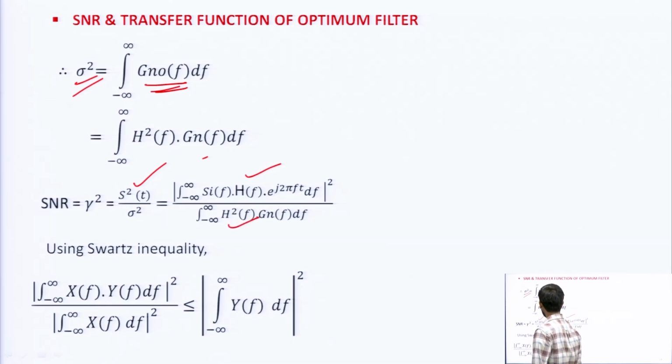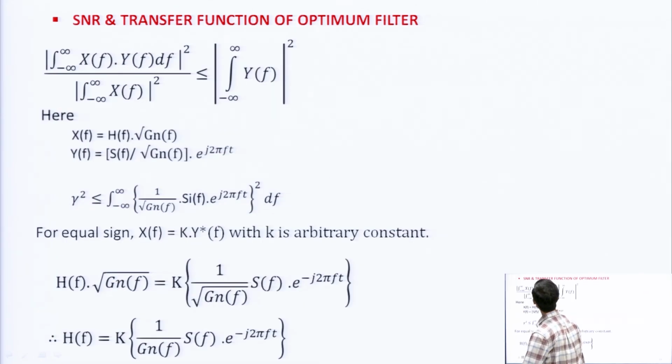Using the Schwarz inequality, if I have X(f) and Y(f), the integration whole square divided by the integration of |X(f)|^2 is bounded by the integration of |Y(f)|^2 df. In this case our X(f) is H(f) times root GN(f), and Y(f) is equal to S(f) divided by root GN(f) multiplied by e to the power j 2 pi f t.